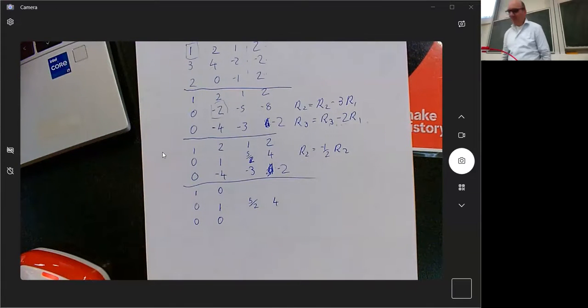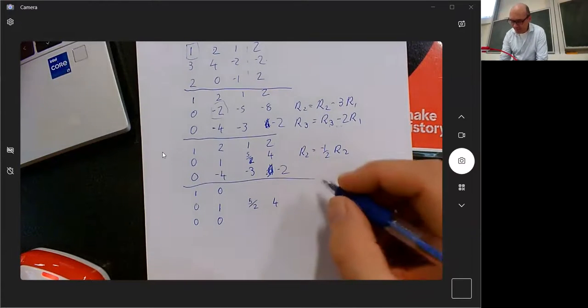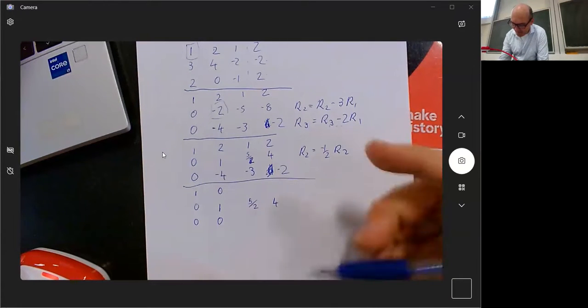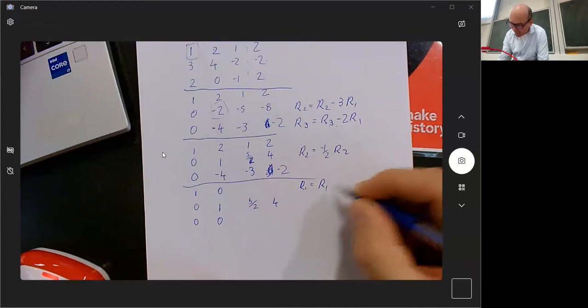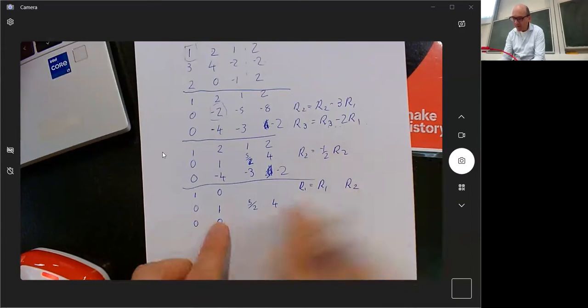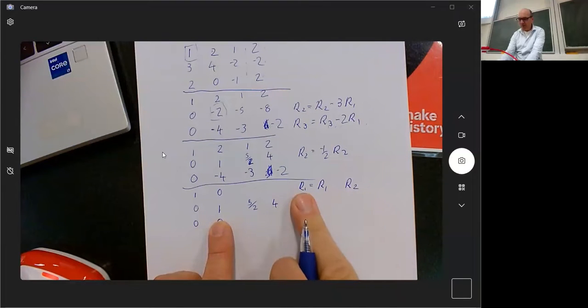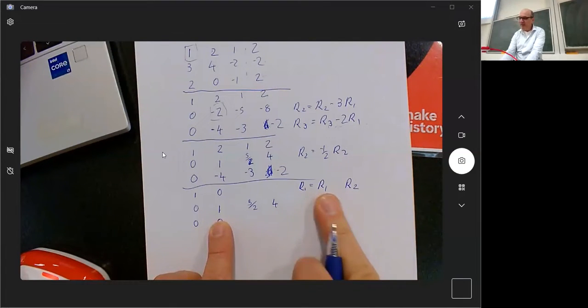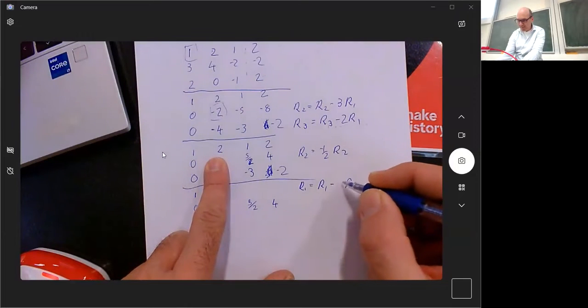Fortunately, I do know how to do the maths. So what I did here is row 1 is equal to row 1 plus or minus something times row 2. Row 2 is my pivot column. The row I'm working with is equal to the row I'm working with, plus or minus some multiple, and it's always minus this number.